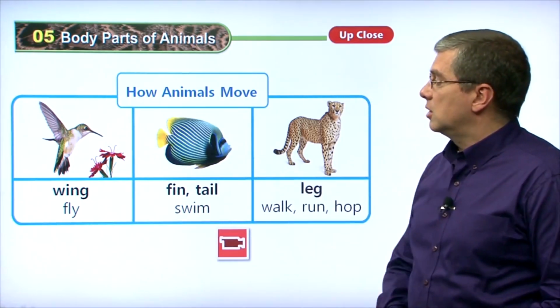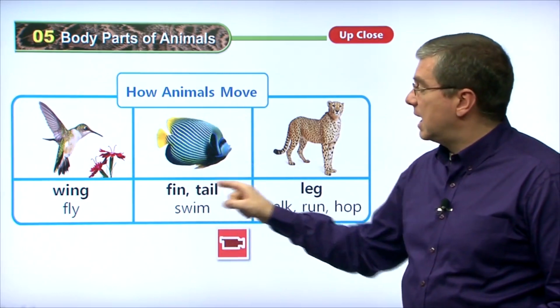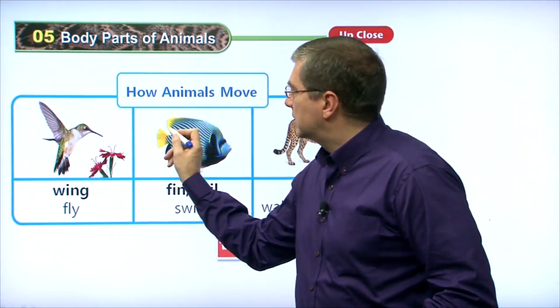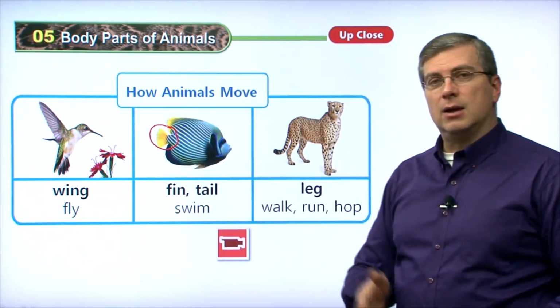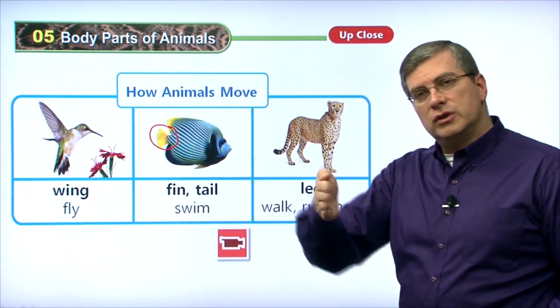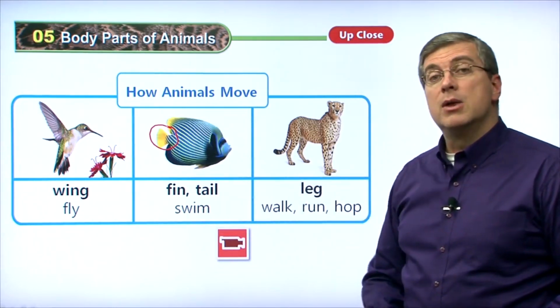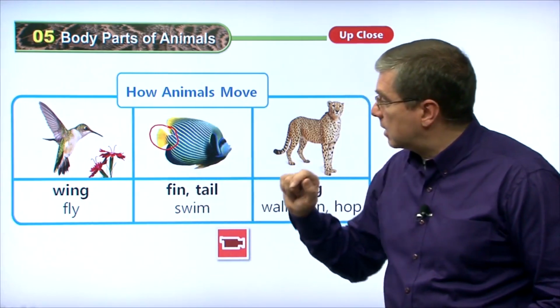In the second picture, we have a fish. Now we have the body parts, fin and tail. We didn't talk about tail before, but of course the tail is right here on a fish, right? So the fish uses the tail. And the tail, of course, on a fish usually goes like this, right? And that helps the fish to swim through the water. Of course, it has fins too. The fins are here and here.